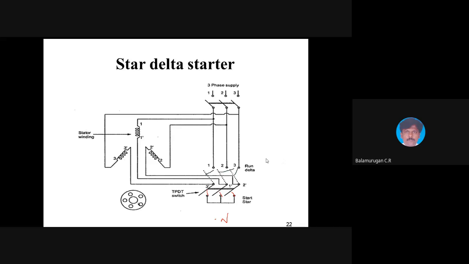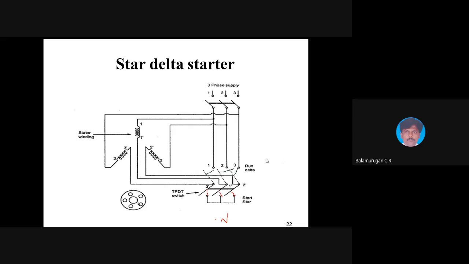If we take the ratio, we will get 1 by 3. So that ratio is what we are representing as 1 by 3. This is a small difference in the case of star delta starter. Instead of x squared, we are replacing the parameter as 1 by root 3. What is that 1 by root 3?